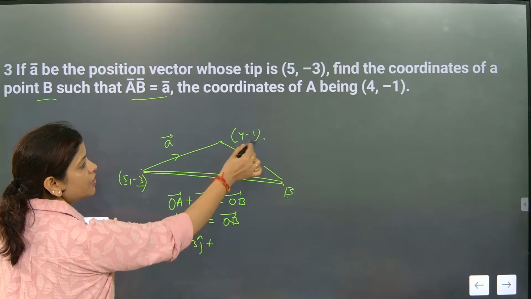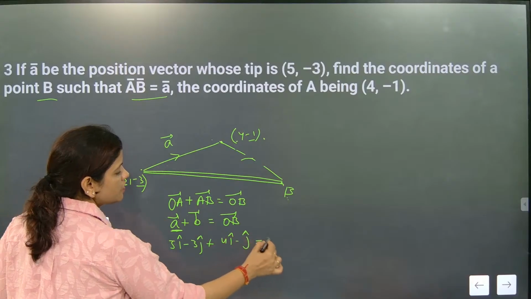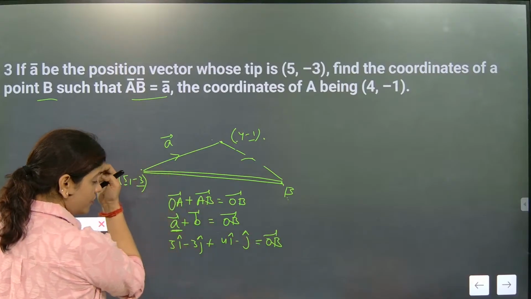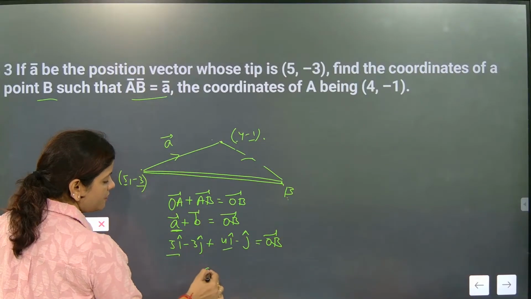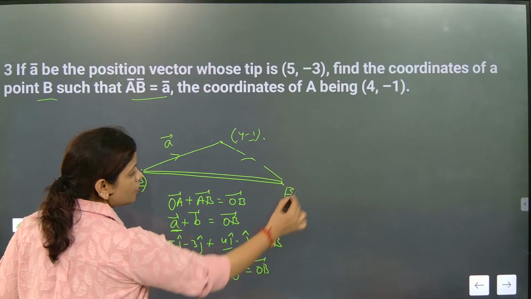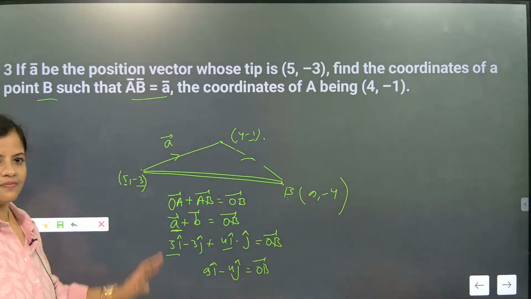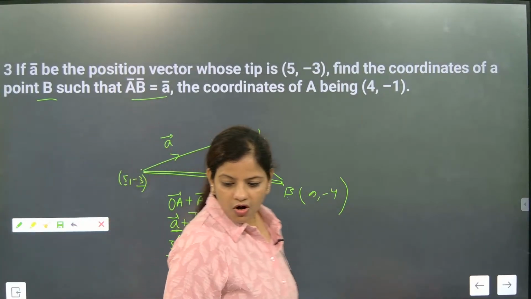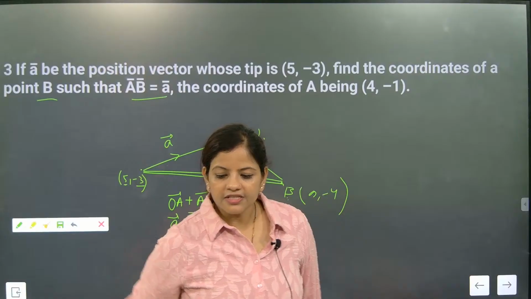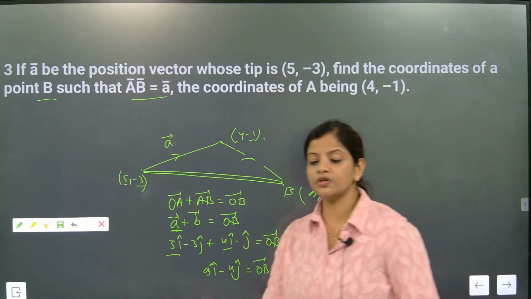B vector is 4i minus j. So it is equal to OB vector. Now 5 plus 4 will become 9i minus 4j is equal to OB vector. So what is the coordinate of B? 9 minus 4. That's it. Done. The coordinate is exactly coming as 9 minus 4. Let's check. Yes, the answer is also 9 minus 4.